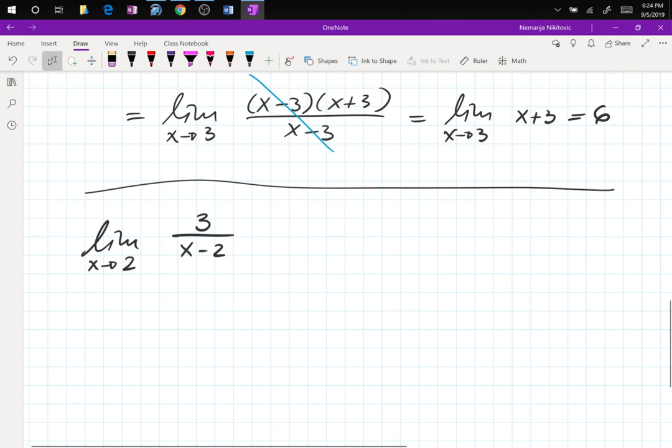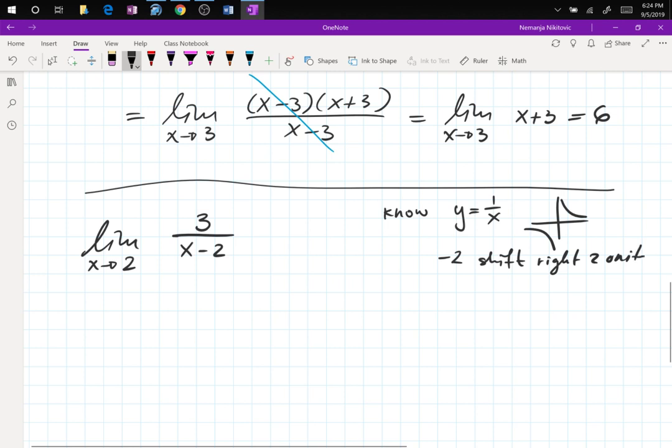So what I'm going to do is I'm going to say, y equals 1 over x looks like this, and then minus 2, shift right 2 units. You don't have to write this, at least this has to be running in your head.